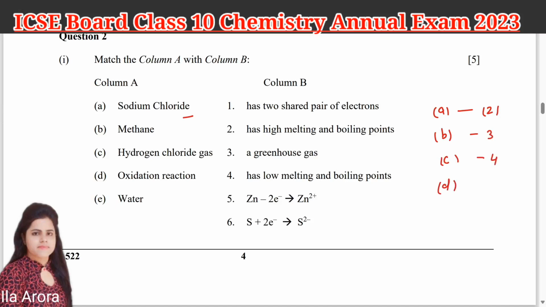Then we have oxidation reaction, so fifth option, because we are losing electrons. Then water, last, it has two shared pairs of electrons. So for E, that is 1. H2O, water, has this structure, and for oxygen we have two lone pairs and two shared pairs, two bonds, O-H, O-H bond. So this is your matchup answer.